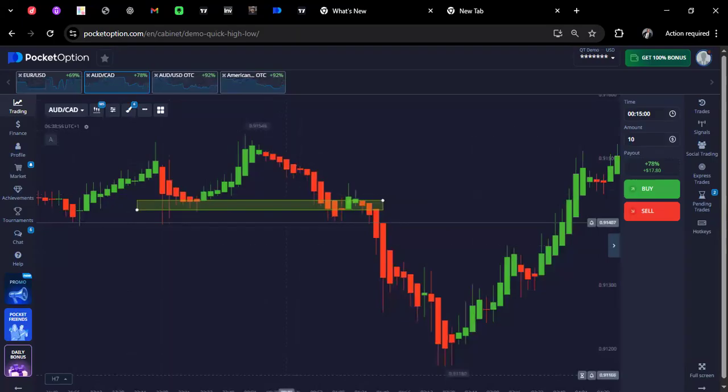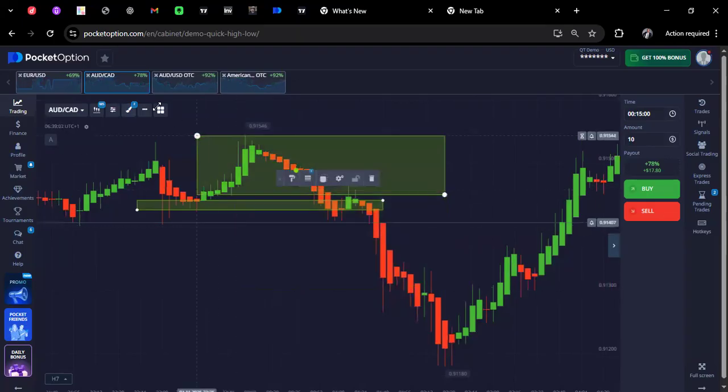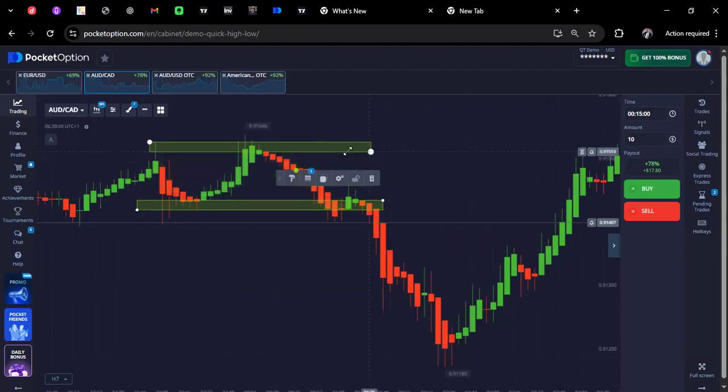So what I'm seeing here now is what I call a double top, which is a signal for a sell early. So in this case, at this particular area, I shouldn't be looking for a buy. I should be looking for a sell opportunity.